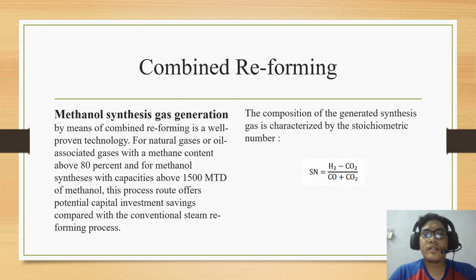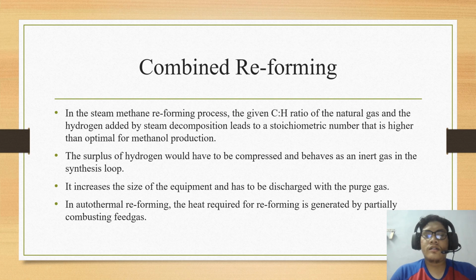The composition of the generated synthesis gas is characterized by the stoichiometric number SN = (H2 − CO2) / (CO + CO2). In the steam methane reforming process, the given C/H ratio of the natural gas and the hydrogen added by steam decomposition lead to a stoichiometric number that is higher than optimal for methanol production.